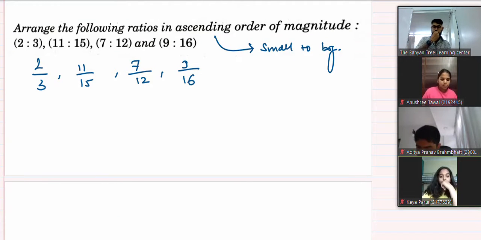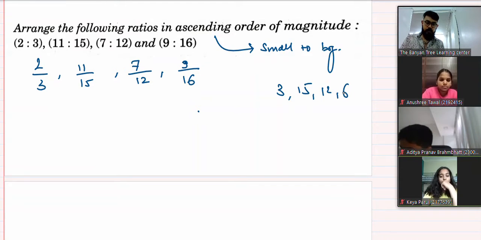Now we have got 3, 15, 12 and 16. And what can be their LCM? Is there any ratio which can be brought down into simplest form? No, nothing. They're already in simplest form. So 3, 15, 12 and 16.